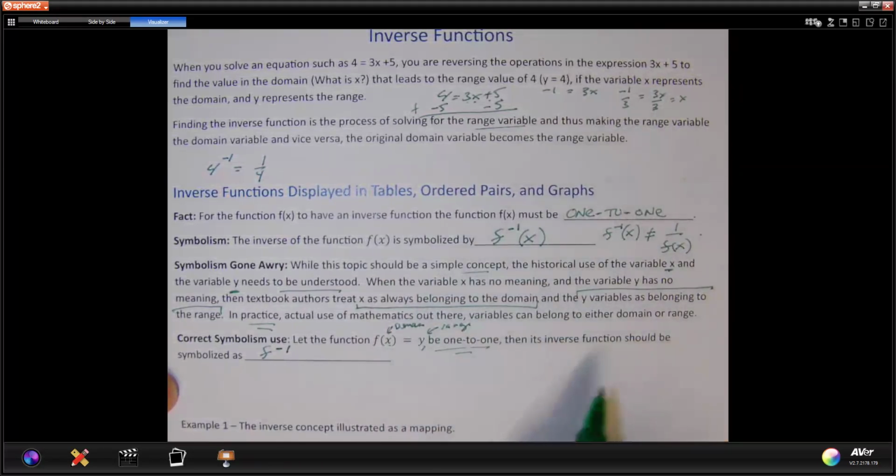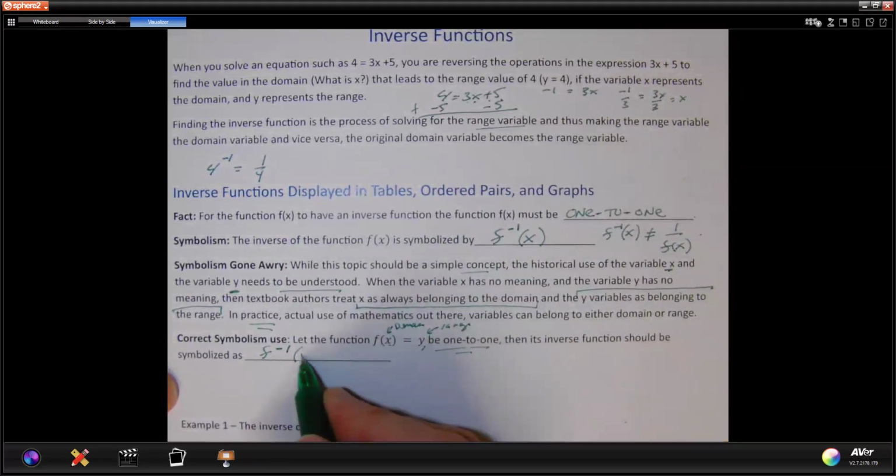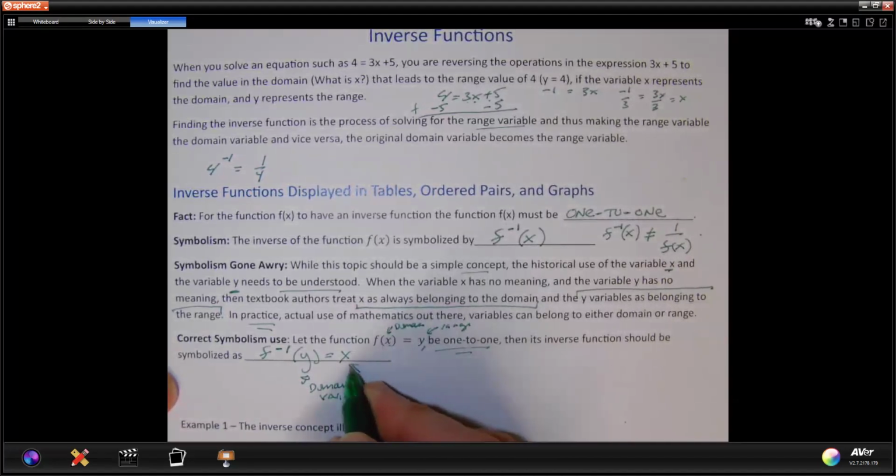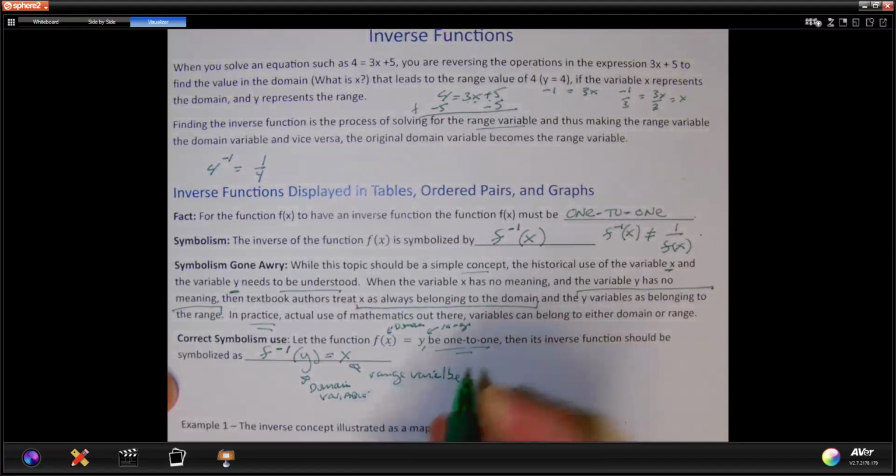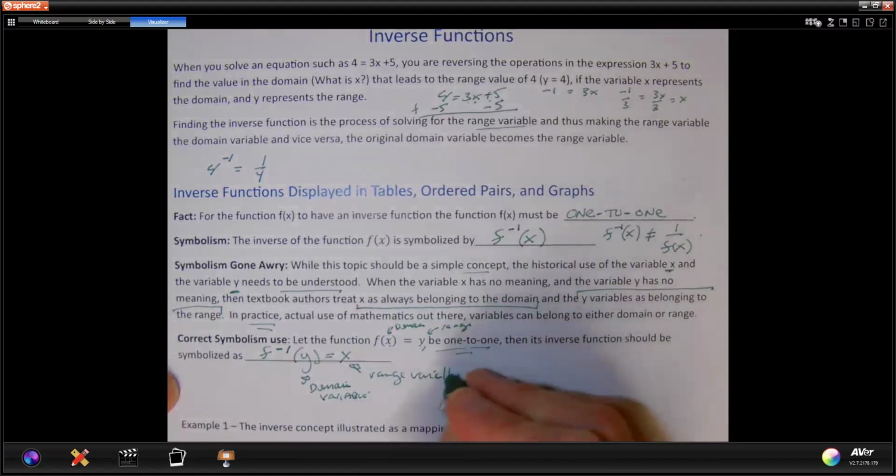But when I'm looking at the inverse function, it should be displayed this way, where now this is a domain variable, and this is the range variable. If I could only spell variable.